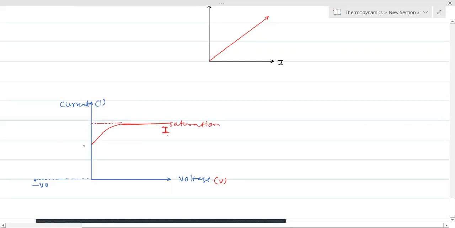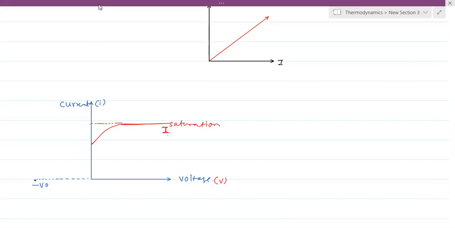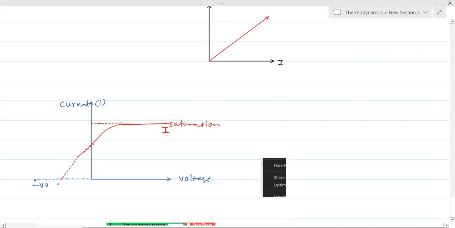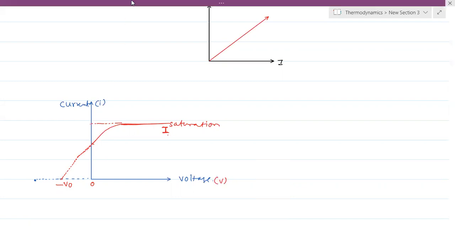But whenever you go on decreasing the positive potential given to the anode, the photocurrent decreases, and for a particular negative value it becomes zero. This we call the stopping potential, because this is the origin and this is the negative voltage.